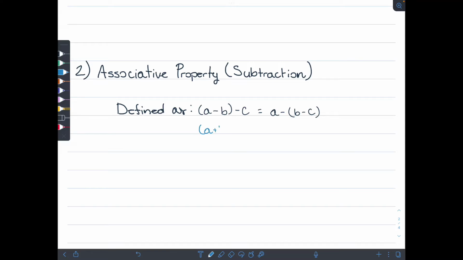Where it was, parentheses, a plus b, plus c equals a plus, parentheses, b plus c. And that's one way to remember these properties with their addition form and their subtraction form. Making little connections. Well then, let's test to see whether this property holds up to be true.